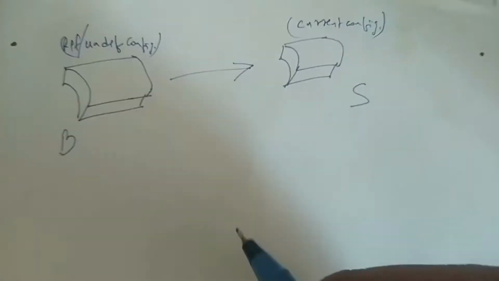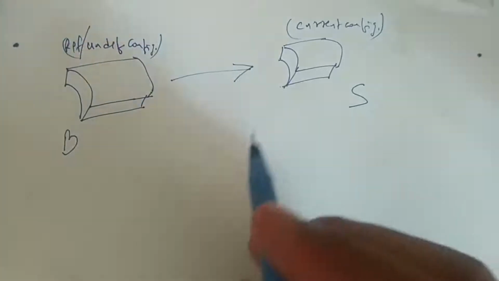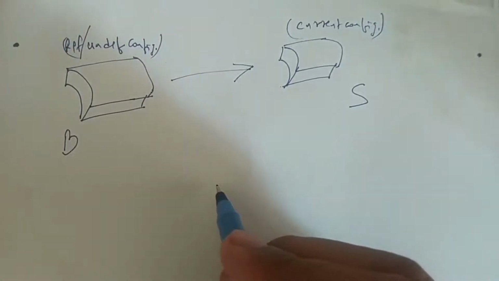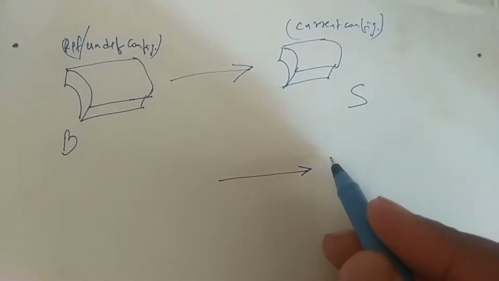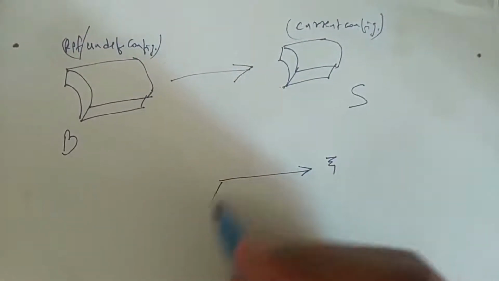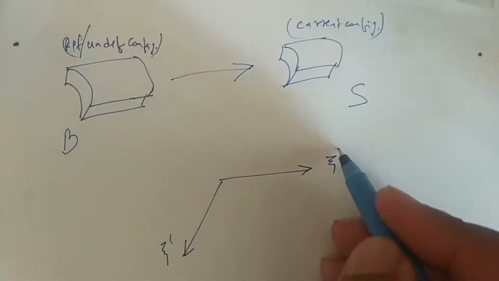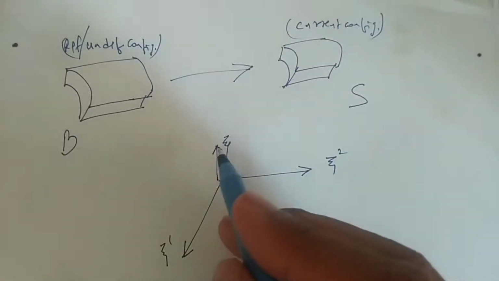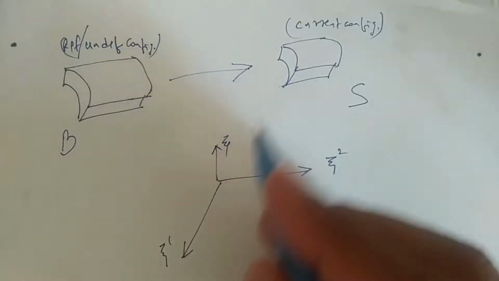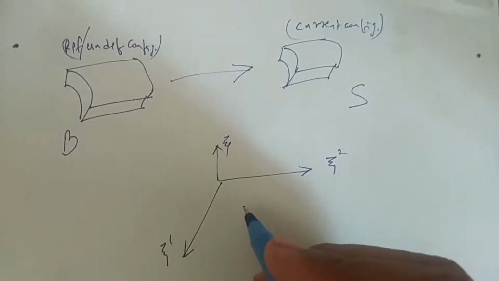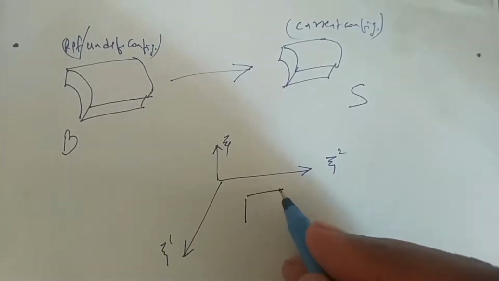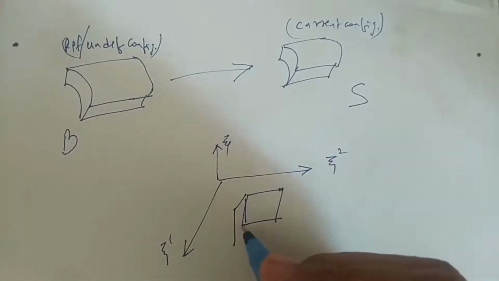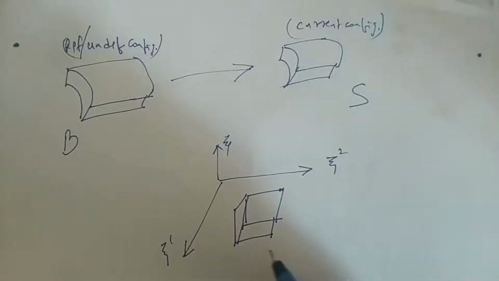Both of these undeformed and deformed configurations are connected through a Euclidean space. So let me draw the Euclidean space over here. So zeta 1, zeta 2 and zeta, and the same element if we draw in the Euclidean space, the lines will not be curved, they will be straight, somewhat like this.